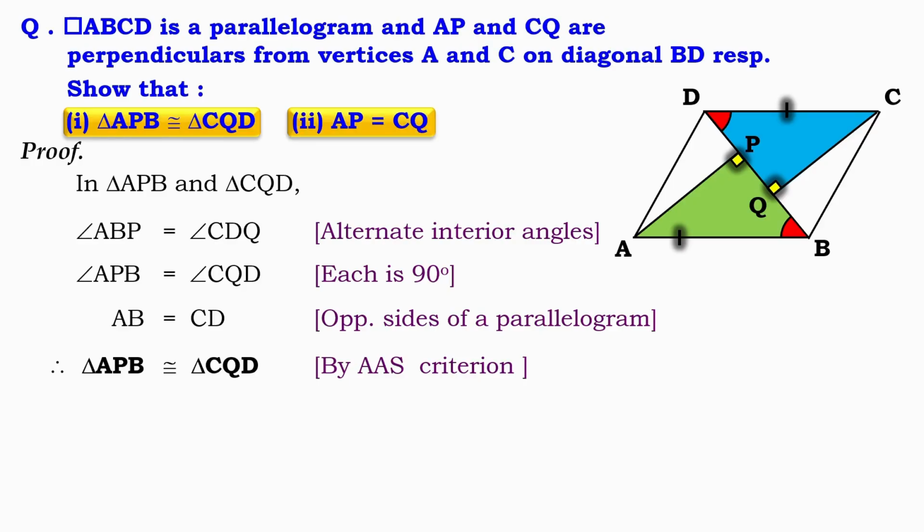So this is the first proof we have already done. Now coming to the second proof, that AP is equal to CQ. Since we have already proved the triangles are congruent, by using CPCT, corresponding parts of congruent triangles, we can clearly say that AP is equal to CQ. Okay. So I hope this is clear to you.